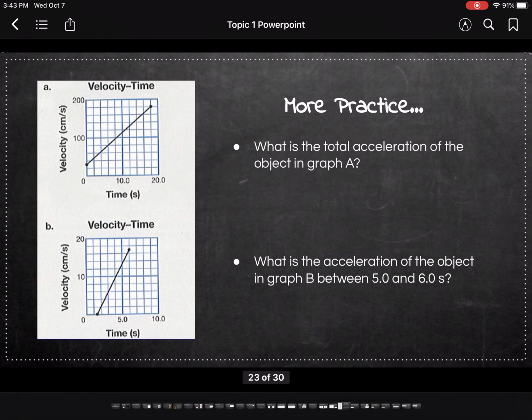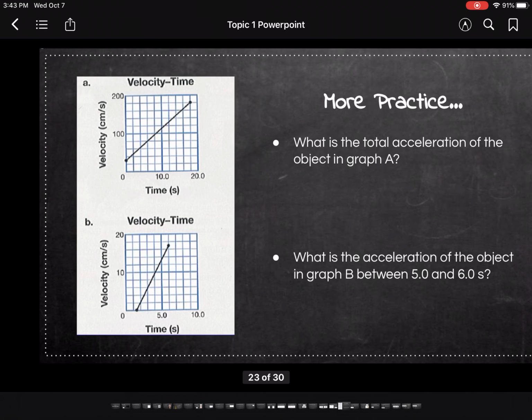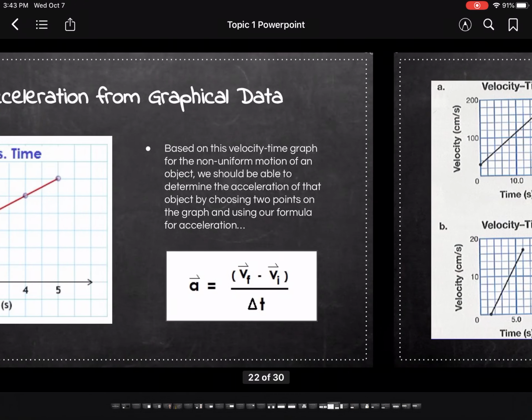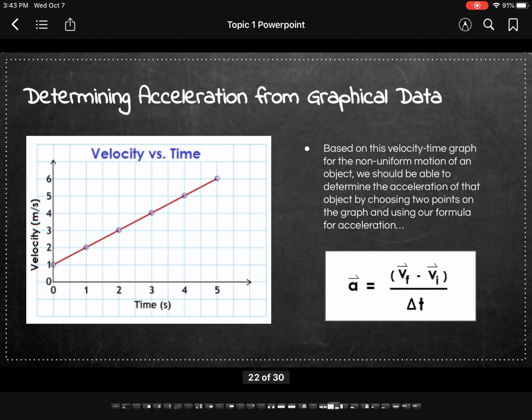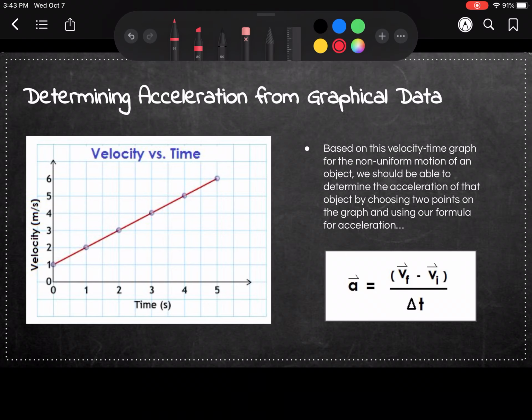So I don't know if there's an example of that. Perfect, there is. Oh, was this practice back here? It says determine the acceleration of the object by choosing 2 points on the graph and use your formula for acceleration. So we can do this one as an example.